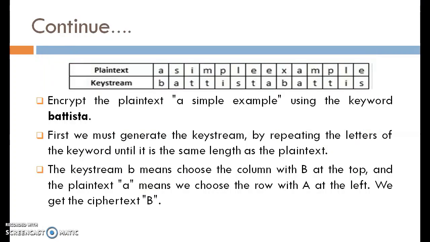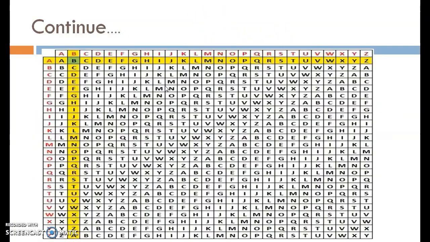Now how do we calculate the ciphertext using the Vigenère table? Consider that our plain text letter is A and key letter is B. In the Vigenère table, this is our plain text letter A and key letter B. The intersection of both is B, so that is the corresponding ciphertext letter.